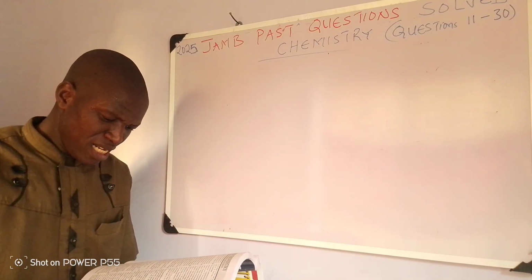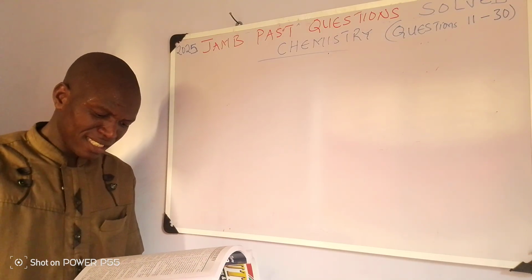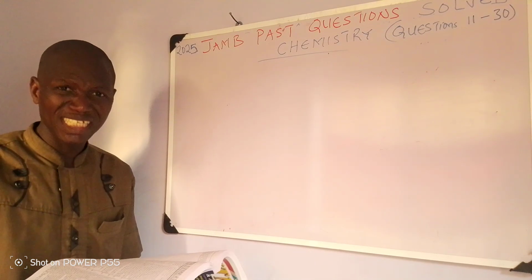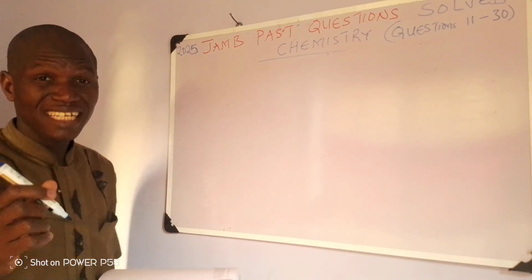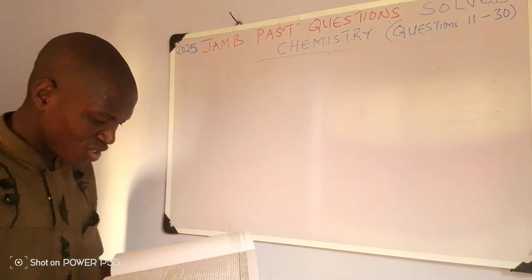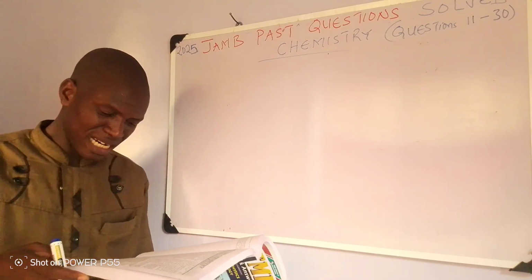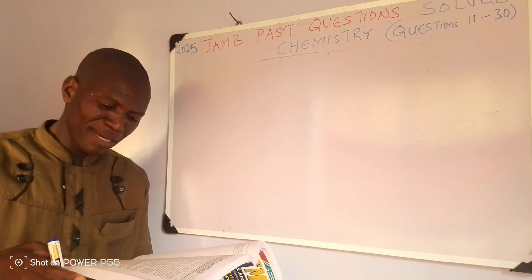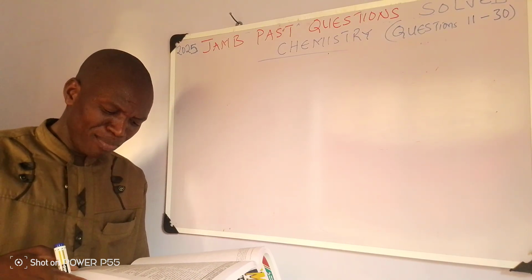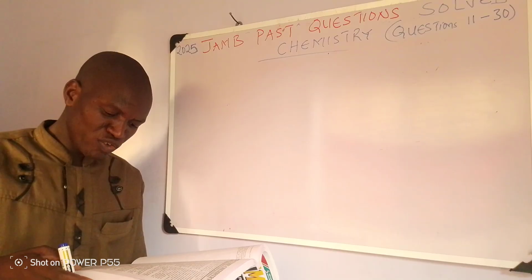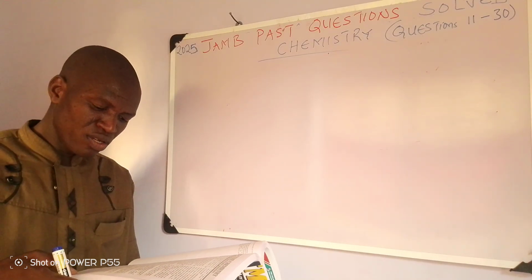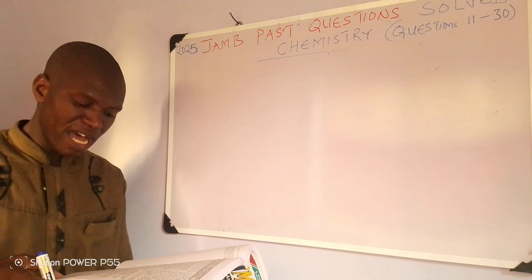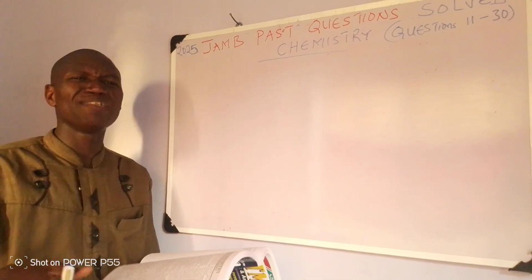So question 24 now says a gas expands when heated because... I won't write this, it's just very simple and direct. A, its mass increases. B, molecules collide less often. C, molecules move faster and far apart. D, pressure drops immediately.